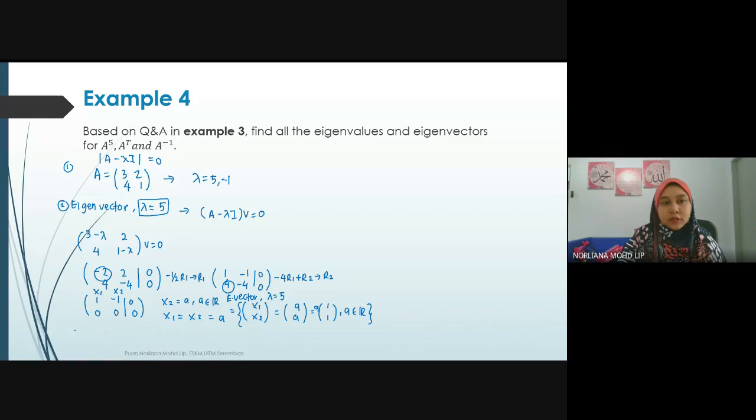Okay, for the eigenvector for lambda equal to -1, we substitute lambda with -1. So we get 4, 2, 4, 2.